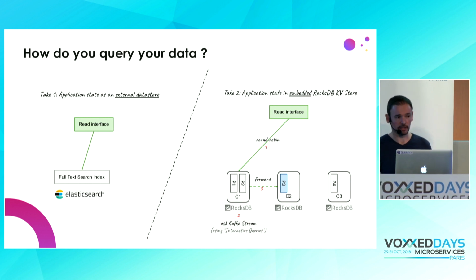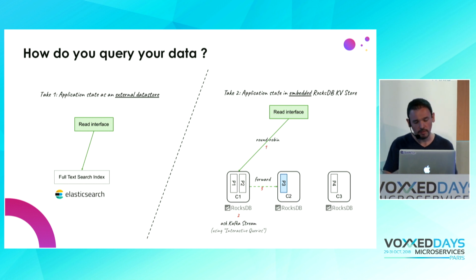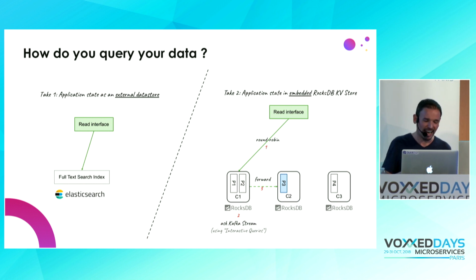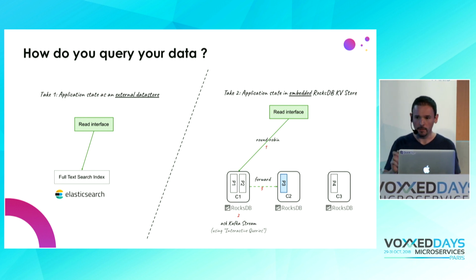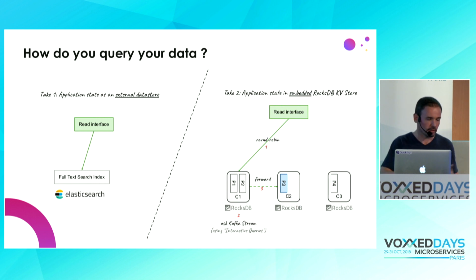But you need to check again, because in the highly improbable case that there was a repartitioning, the data might have moved. So you need to query again. In order to forward, you can use the RPC mechanism of your choice. You can use REST, RPC, gRPC, or whatever you want. Kafka Streams doesn't enforce the way to forward the query.